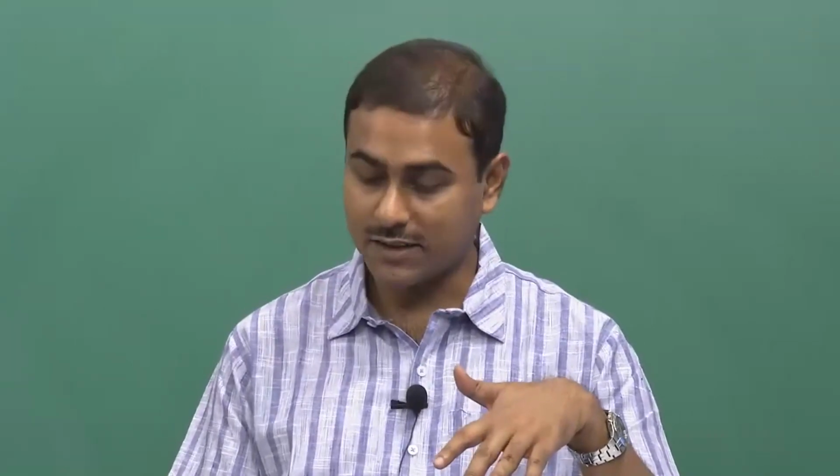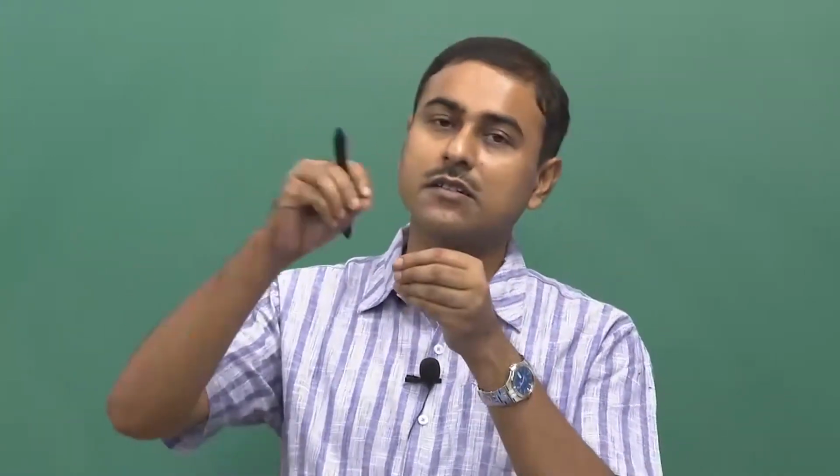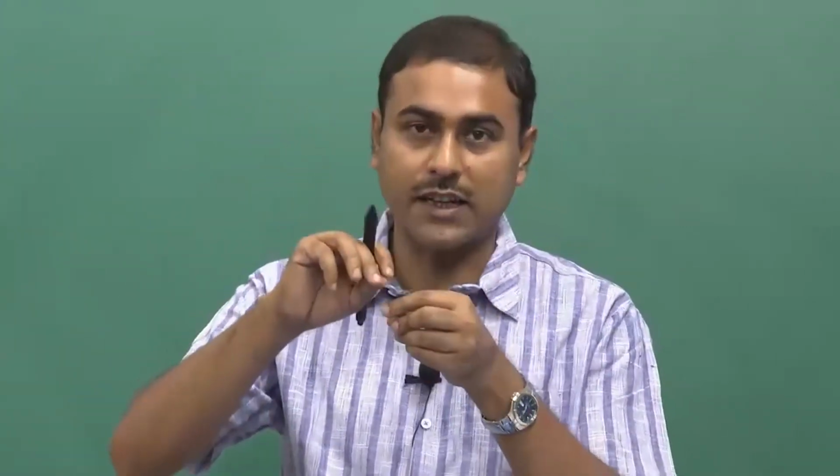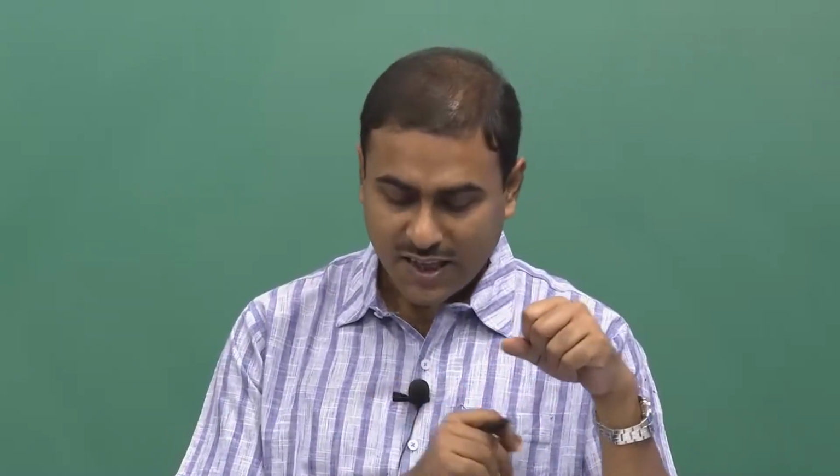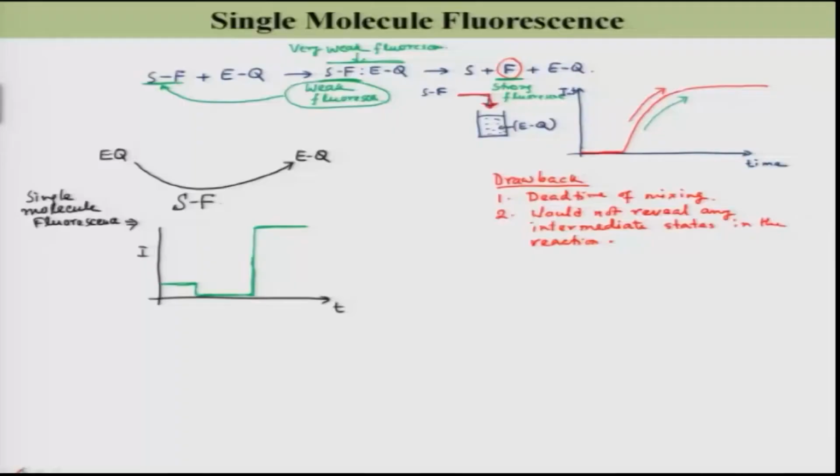Unlike this, if the reaction takes place in 1 second and you mix very slowly, like it took 10 seconds, then by the time you mix and shake, the reaction is over, and you will not be able to see such a rise. But in this case, you will be able to see such a reaction, because all the molecules are present in the reaction mixture.